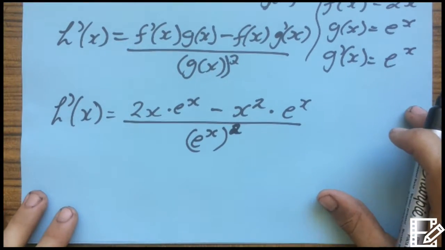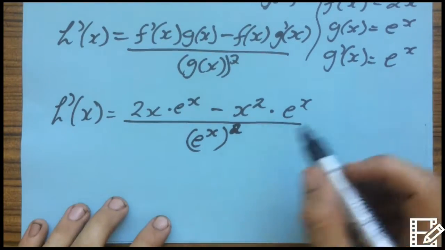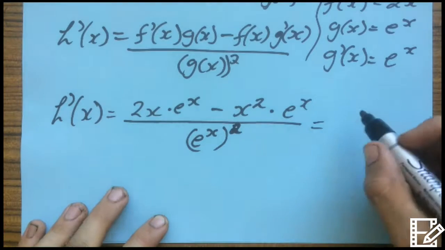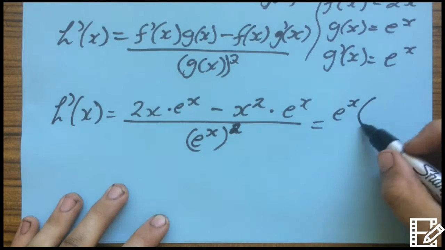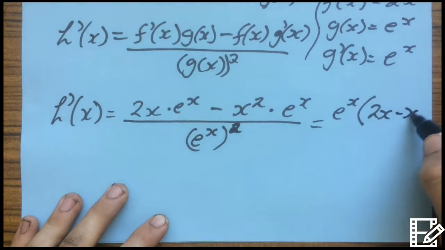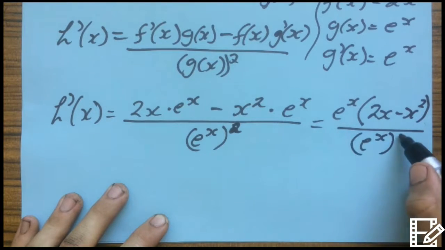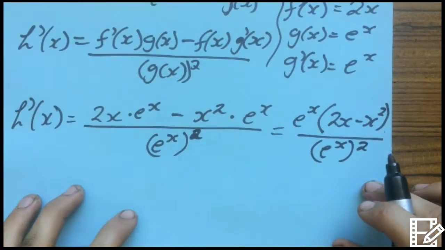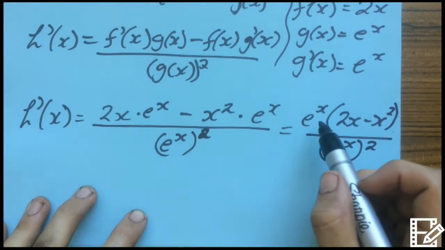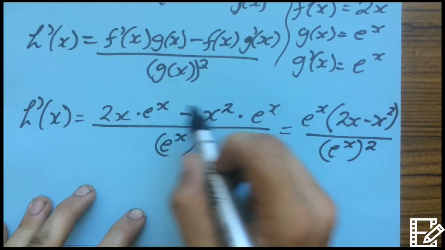So, if we were to simplify this a bit further, this also equals e^x(2x - x squared) over (e^x) squared. That is because if you were to expand this bracket, we're just factoring out the e^x.